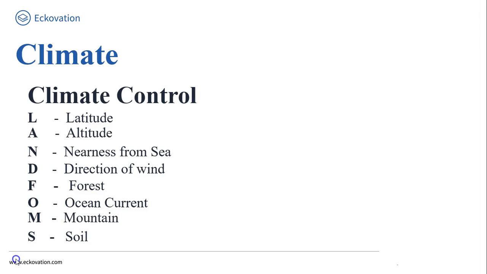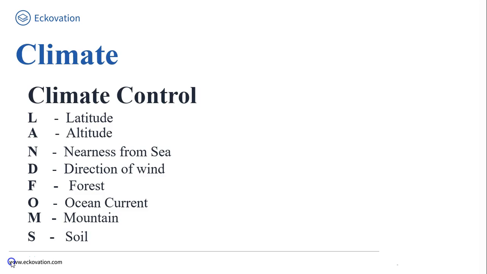Friends, to remember this, we have used the word landforms, so it will become easy for you to remember the major controls of climate of any place. Now, we will see each and every control one by one in a little bit of detail. So let's start with latitude.